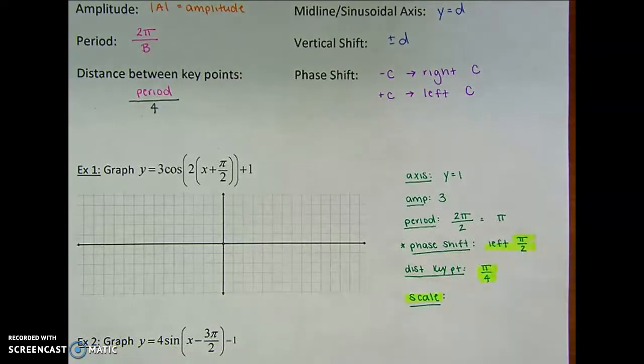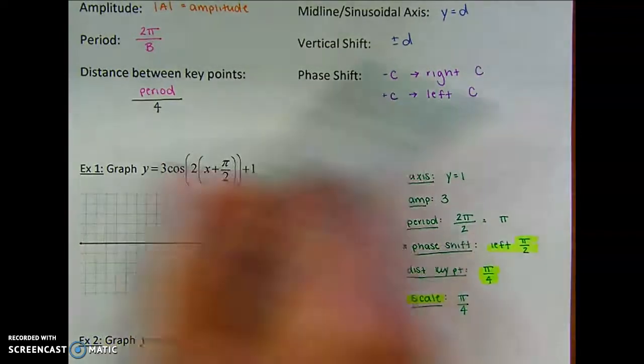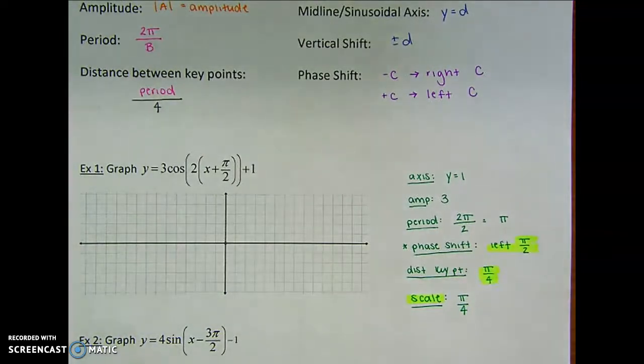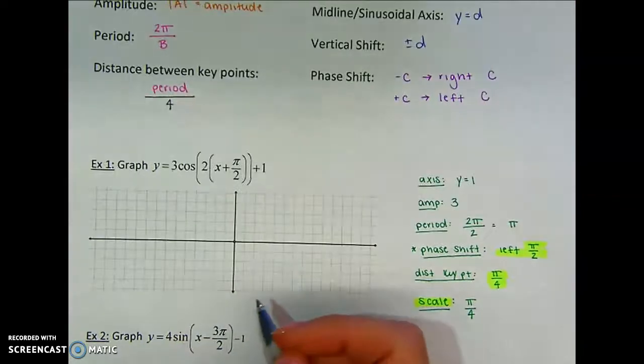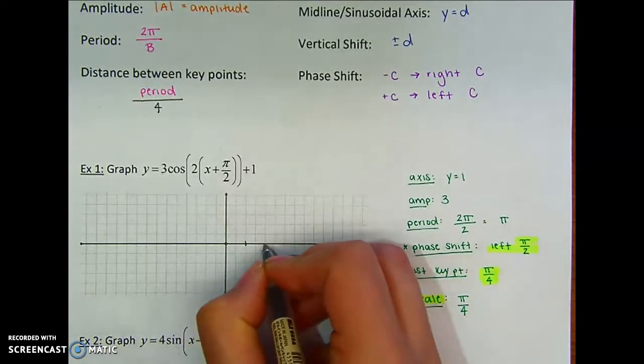So since this is pi over 2 and this is pi over 4, the common denominator would be pi over 4. So that's what I'm going to make my scale when I am graphing. And I personally like to label every other if I can fit it. So I'm going to have this be pi over 4.